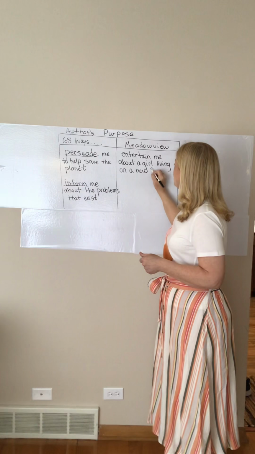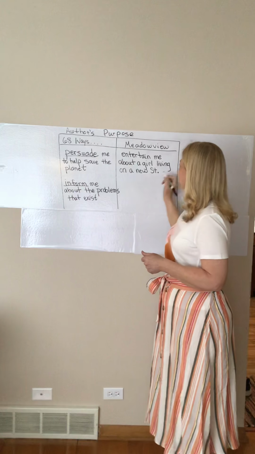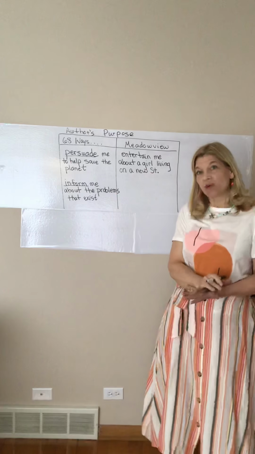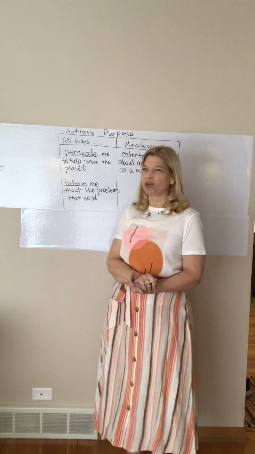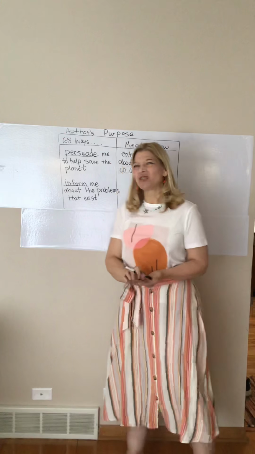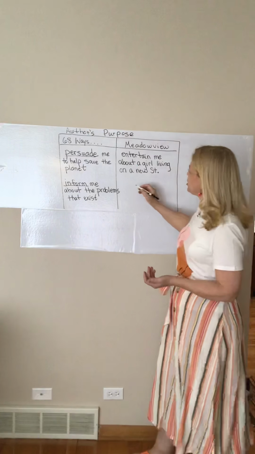Ooh, I could even use my abbreviation if I wanted to, right? Because I learned that one. Entertain me about a girl living on a new street, right? It was about her being brand new in the neighborhood and what she was going to do. But I think there was also a little bit of information there as well.